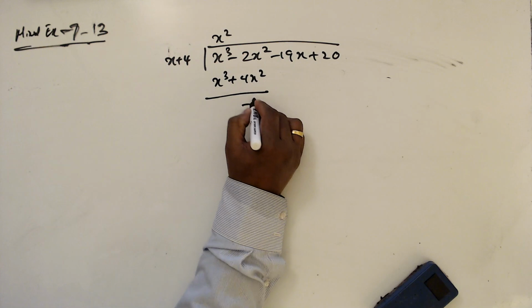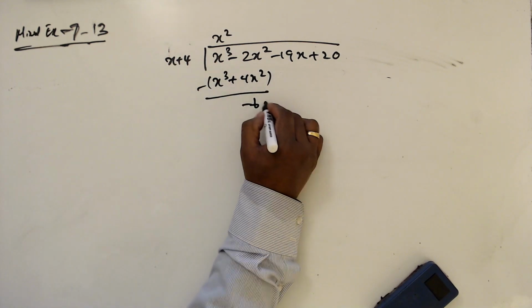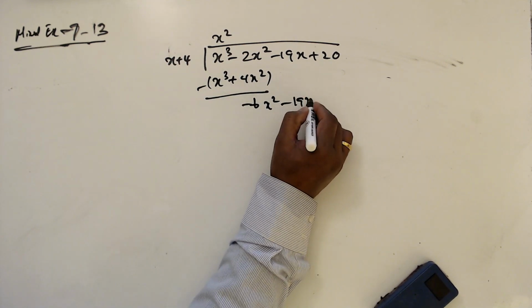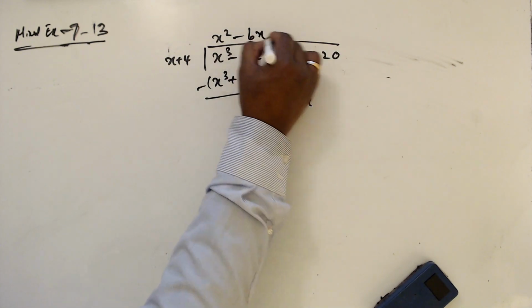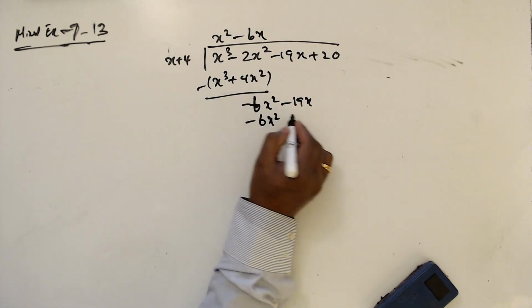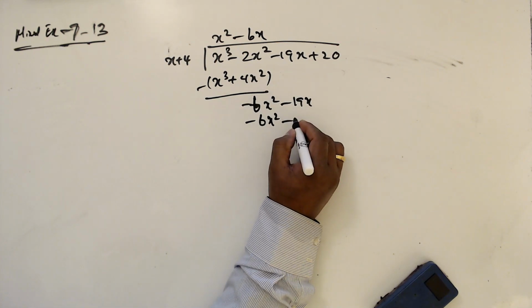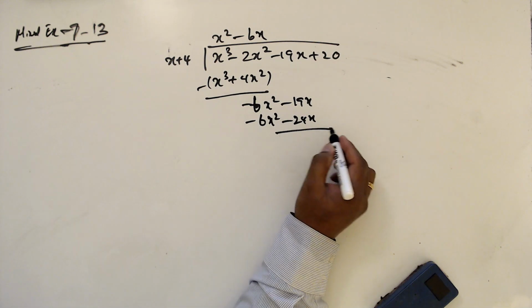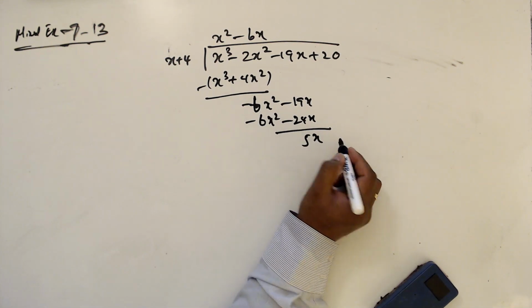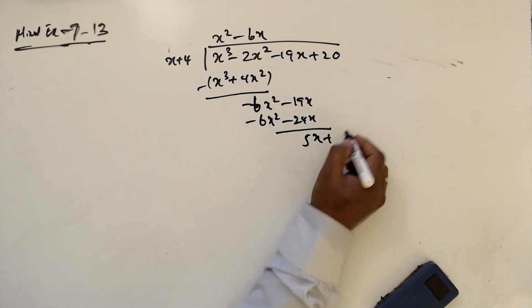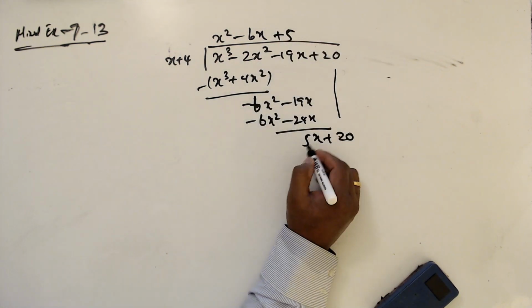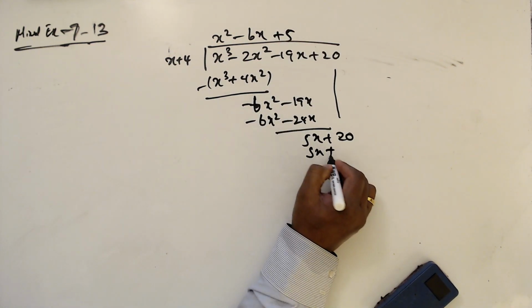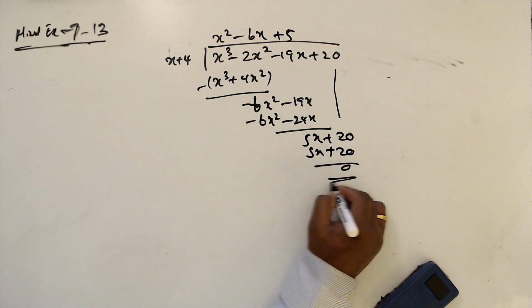This is going to be minus 6x squared minus 19x. This is going to be minus 6x, minus 6x squared minus 24x. This is going to be 5x plus, bring this one down, 20. This is going to be 5x plus 20 and equals 0.